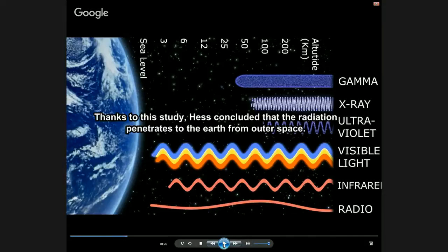But these are very highly energetic, up in the gamma ray area, and it's coming to the Earth from outer space, as if there were a big invisible shield around the Earth, and we're on the inside of it, and out of that are coming these cosmic rays at us from every direction.